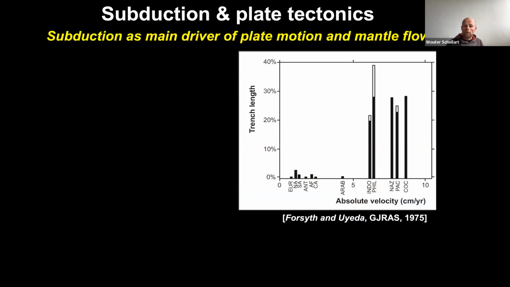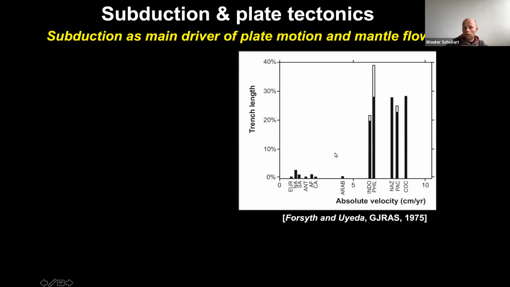Okay, what else is interesting and important about subduction zones? Well, one thing, as we already know for some 45, 50 years almost, is that subduction zones, and in particular the subducted slabs that sink at these subduction zones, are the main drivers of tectonic plate motion, and also mantle flow.